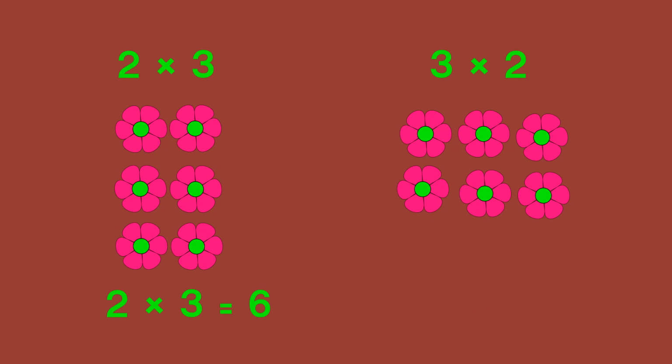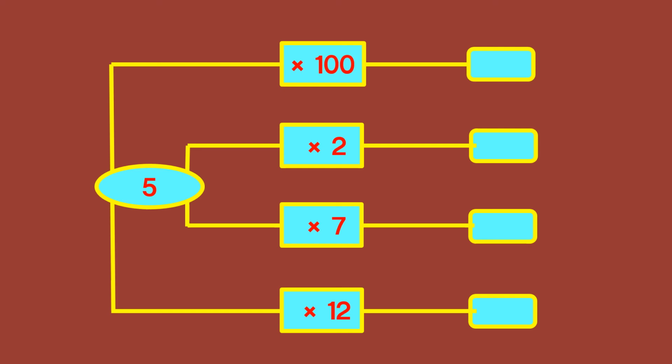Then I can say 3 multiplied by 2 is equal to 6. So here we can understand that whether it's 2 multiplied by 3 or 3 multiplied by 2, you can obtain the same answer.